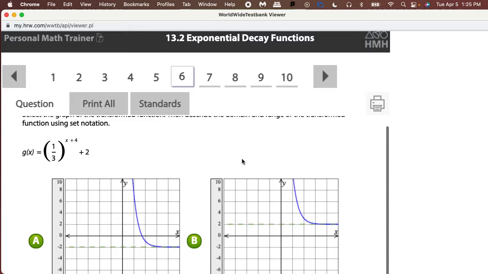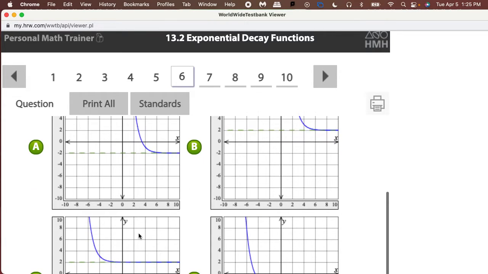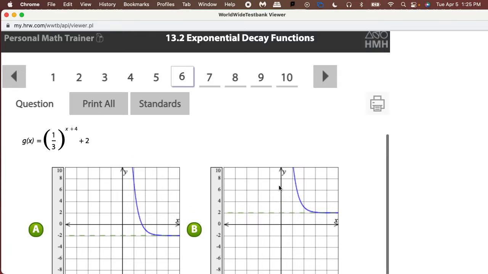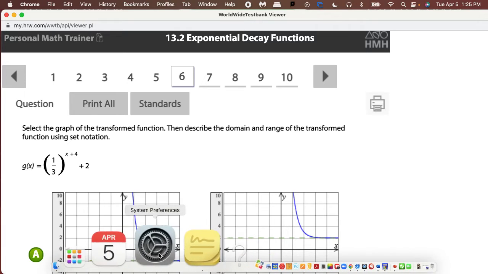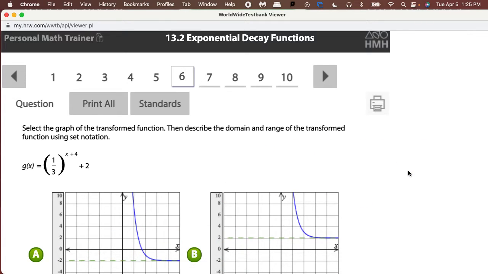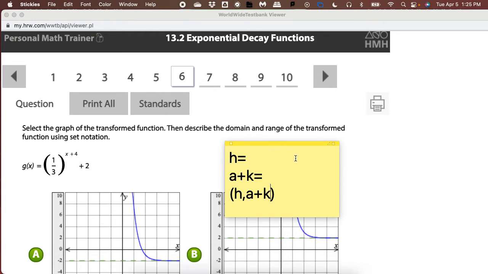Okay, back to 6. We got to find a reference point because I have 2 answers that fit the bill as far as above the right asymptote. So I have to pull out my h, which is a negative 4. Let me type it out on the screen. Okay, right here. Gotta set it up here.